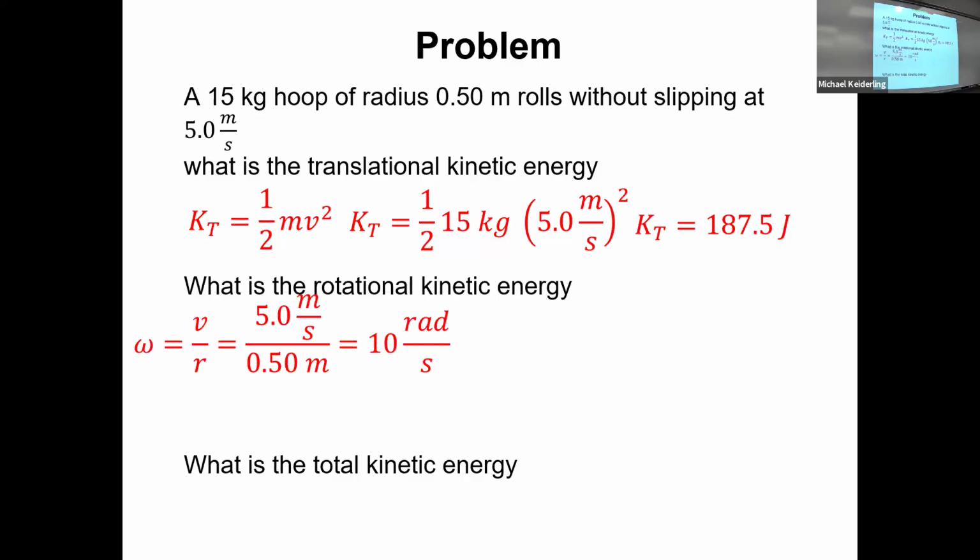The rotational kinetic energy, well, first we need to find omega. That's just going to be v over r, so 5 meters per second divided by 0.5 meters. It's 10 radians per second. Moment of inertia is going to be mass times radius squared because it's a hoop. So 15 kilograms times 0.5 meters squared is 3.75 kilogram meters squared.